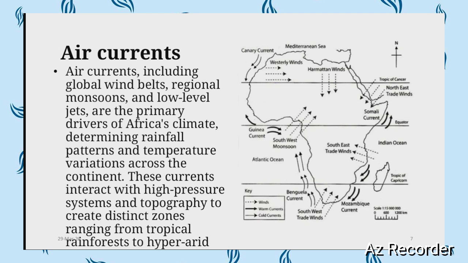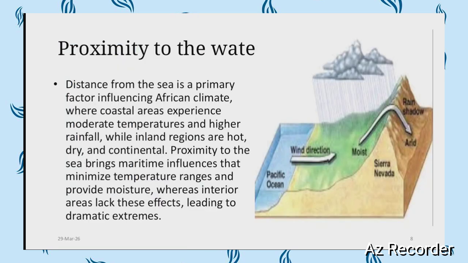All these can influence the climate of an area. In Africa, some places are very dry, with deserts, while others are wetter and experience a lot of rainfall. So it's important to understand that air currents also affect climate.